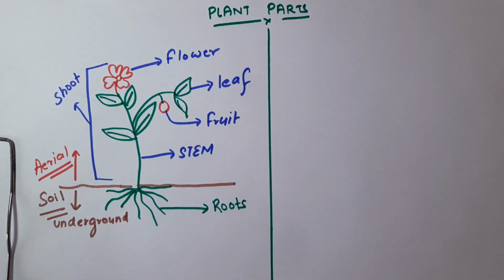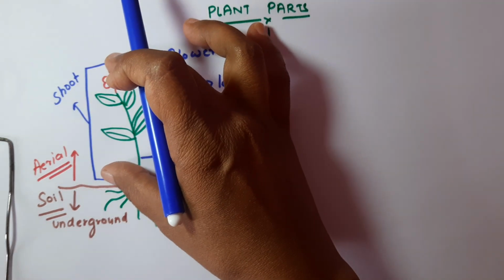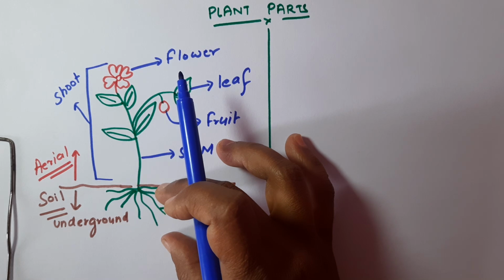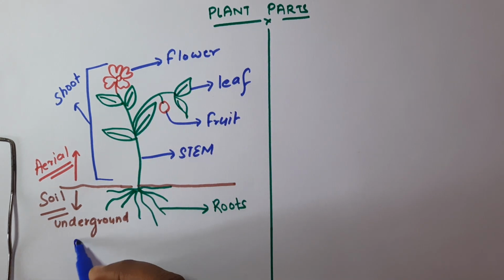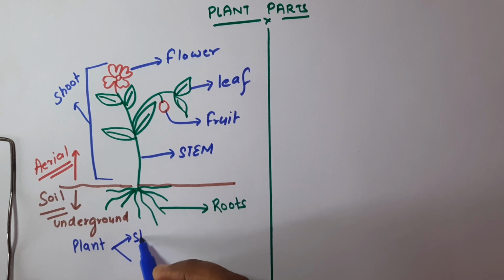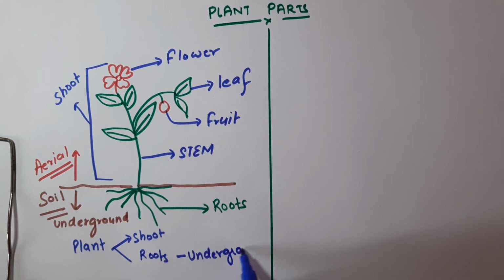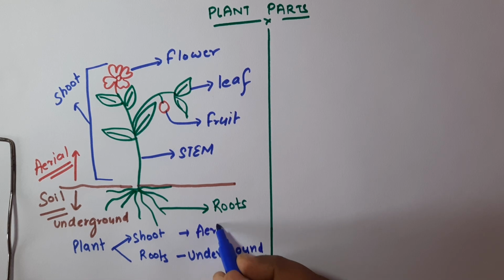If you broadly divide a plant, it basically consists of two parts, the shoot and the root. The roots we know are the underground portion, and the shoot is the aerial portion.